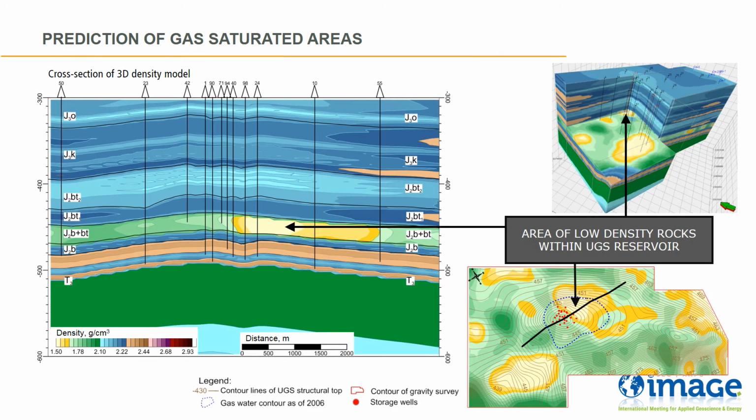The northeastern area is located within the northeastern wing of the UGS structure. The area is shifted to the east from the apical part of the structure where most of the storage wells are located. This area is partially covered with the gas presence contour established earlier.